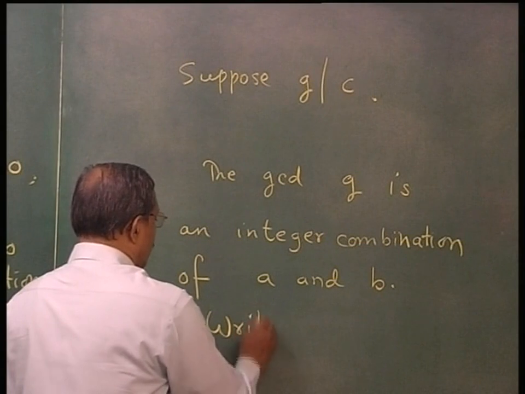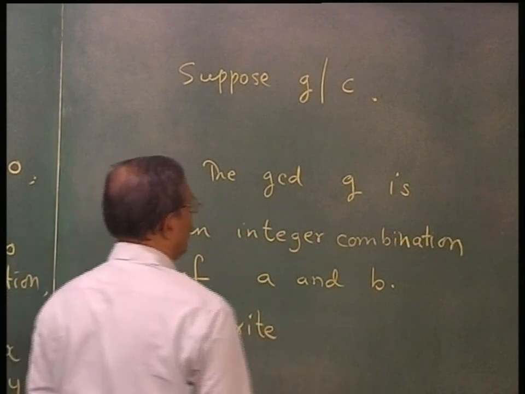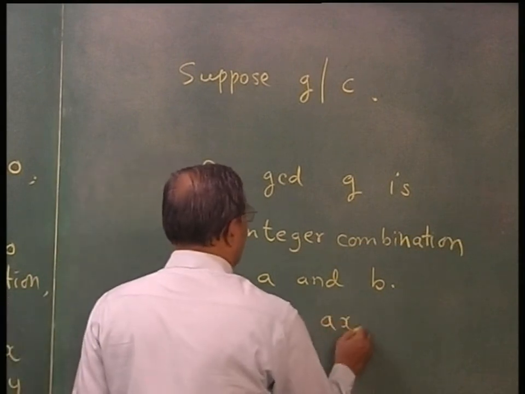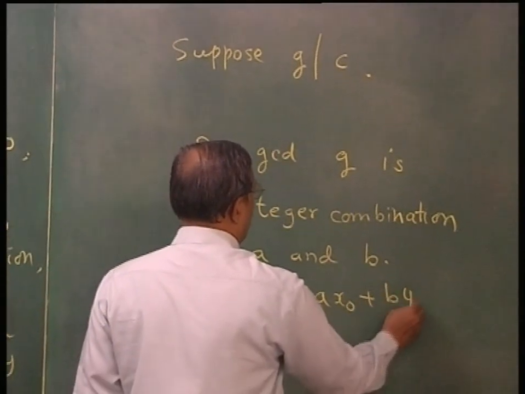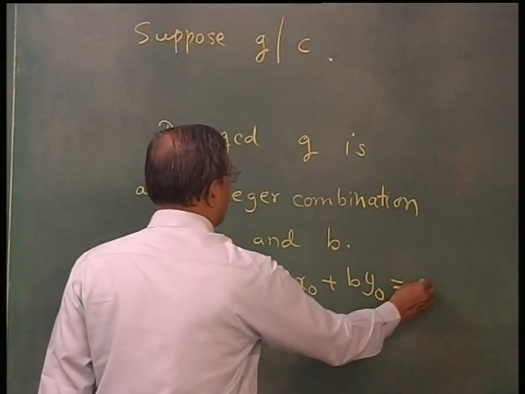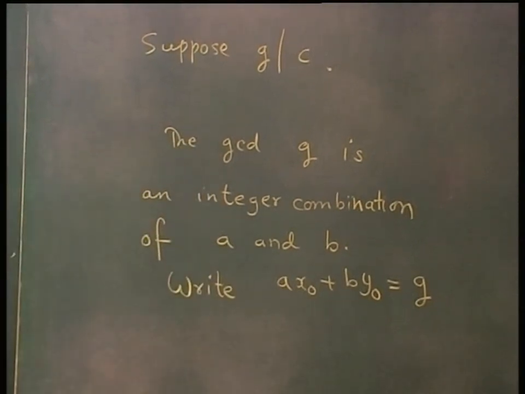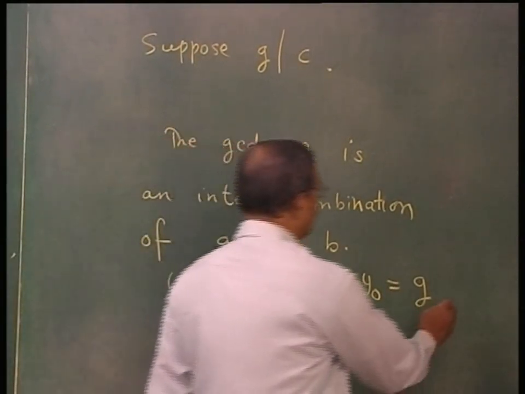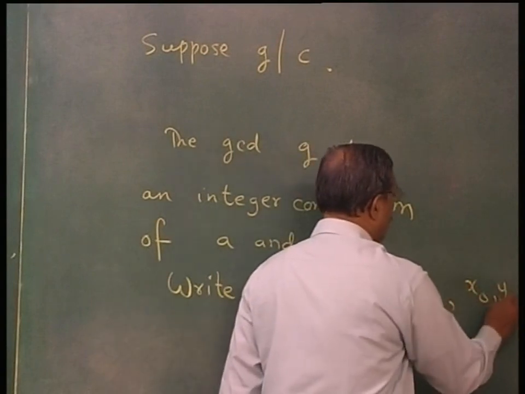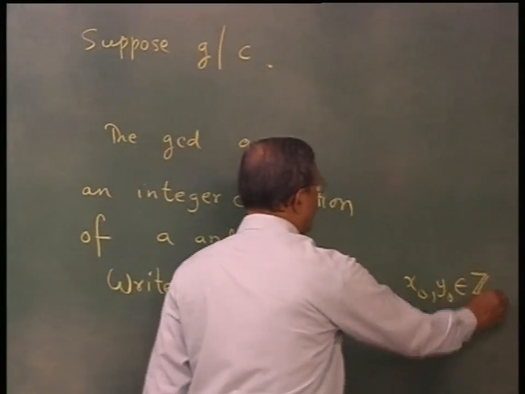So write A x naught plus B y naught equal to the GCD, where x naught, y naught are integers.